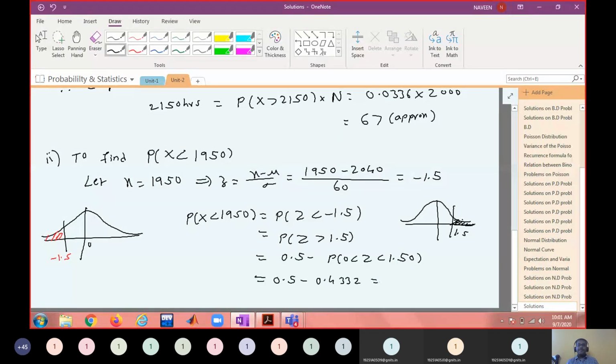So 0.5 minus 0.4332 is 0.0668. Therefore, the expected number of computers having a lifespan of less than 1950 hours is 134.